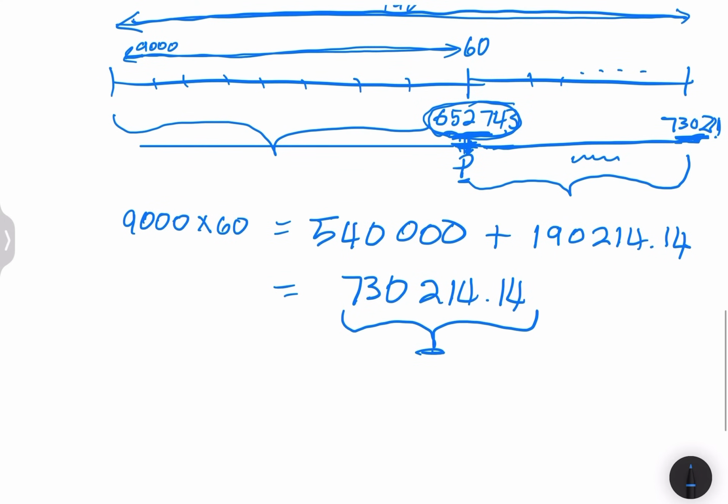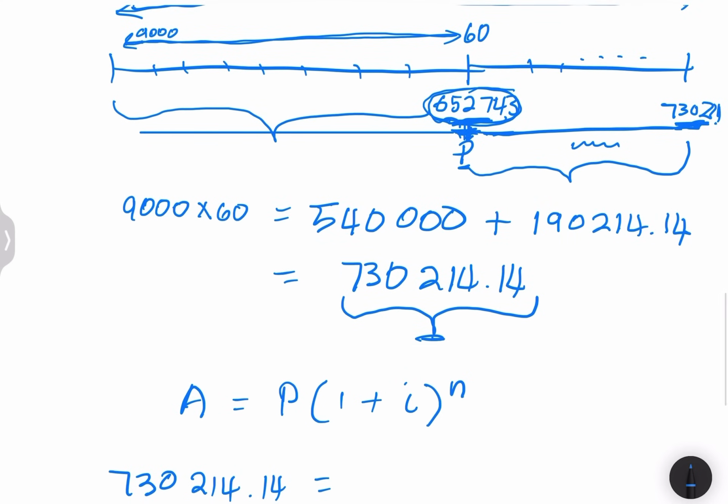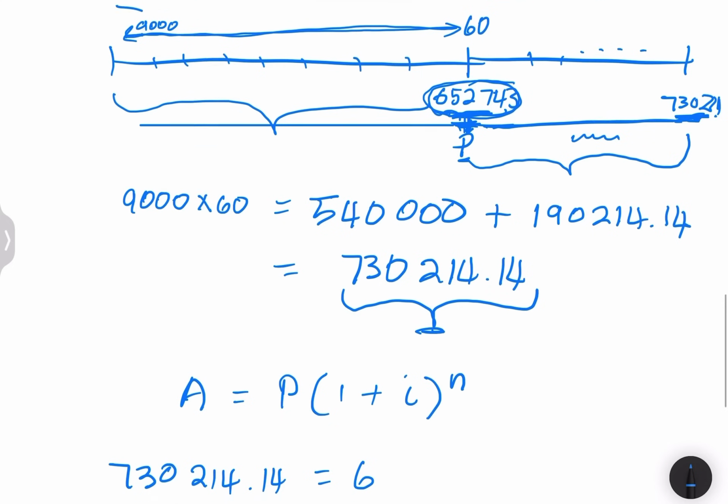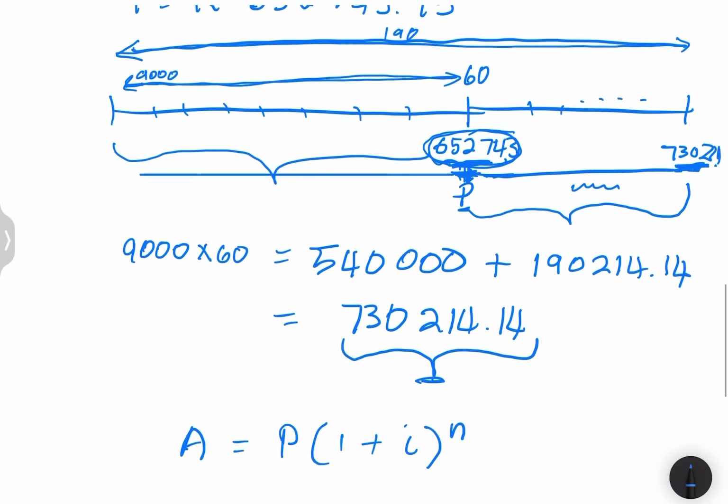So I'm going to use my compound interest formula, A equals P. My total accumulated amount is 730,214 and 14 cents, which is equal to the amount that we had over the 60 months, 652,743 and 95 cents.